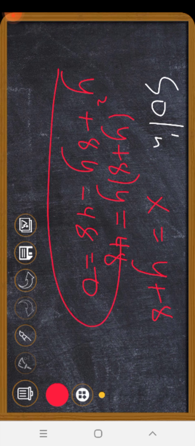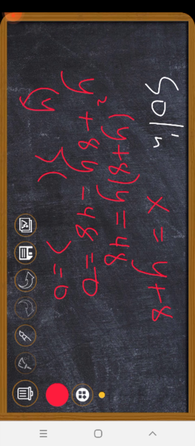It's a quadratic equation, and that's a quadratic trinomial that can be factored perfectly. What are the factors of negative 48 whose sum is 8? That could be positive 12 and negative 4.